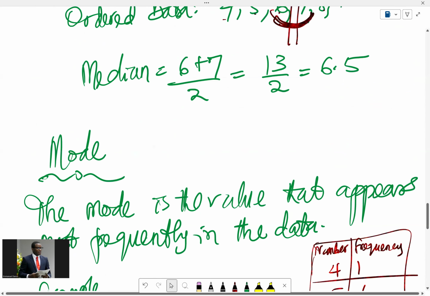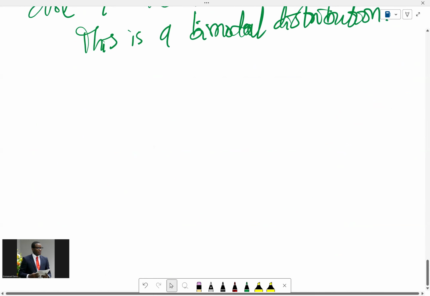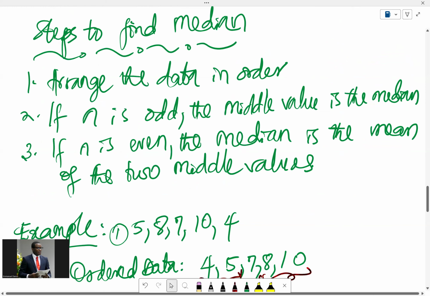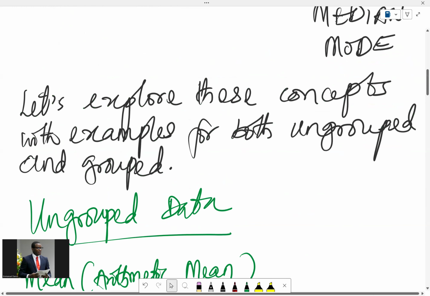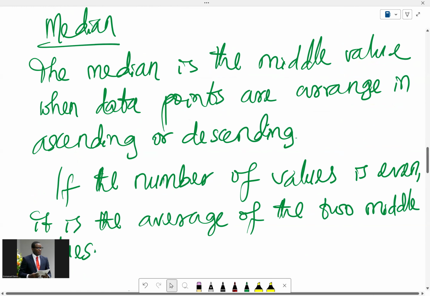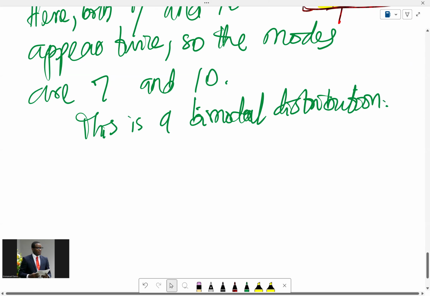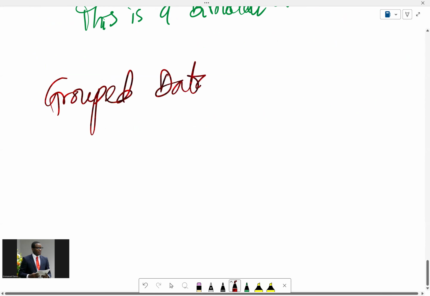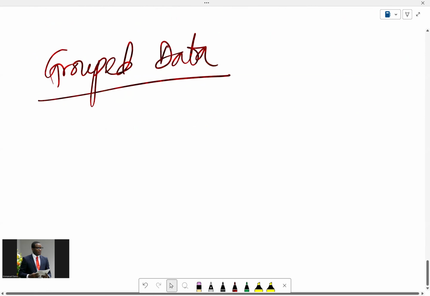Now, how do you calculate all this for grouped data? Things become a bit trickier in this case, and you're going to have to encounter some formulas. So let's see how this works. Let's talk about grouped data. They have intervals and all that.